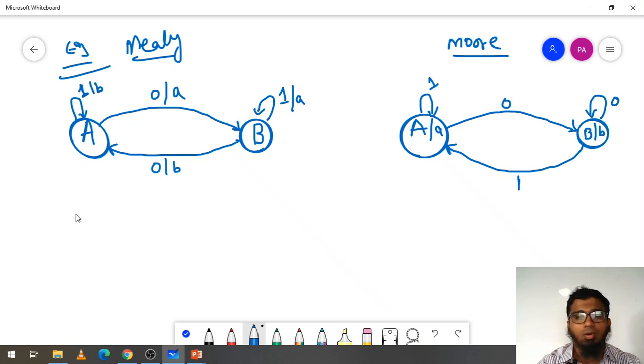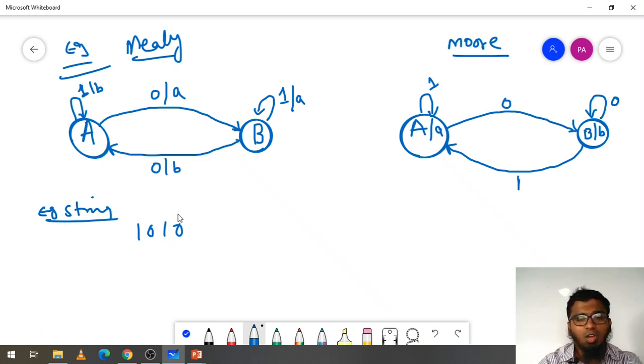So we will do one thing: we will take one string and apply the operation here, to see how the input is taken and what output we get. For the first example, I am going to take the string 1 0 1 0. 1 0 1 0 is my string.